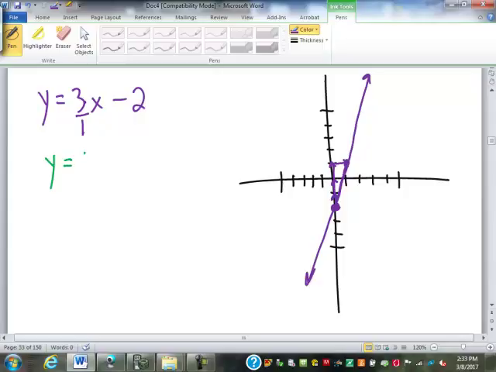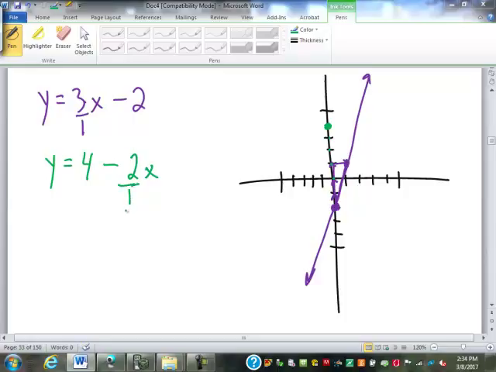Y equals 4 minus 2x. Where is this one going to start? I rearranged it a little bit, but perfect. It's going to start at 4. 4 has been added to the negative 2x here. So we started at positive 4. Now for our slope, that's a negative 2.